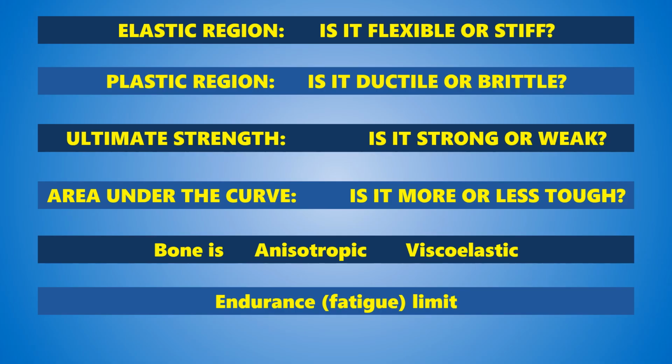It can resist compressive forces better than shear or torsional forces. The bone is viscoelastic because it shows time or rate dependent stress strain behavior. With respect to the SN curve, we knew that some materials have endurance limits, like steel, and some other materials don't exhibit an endurance limit, like aluminum.